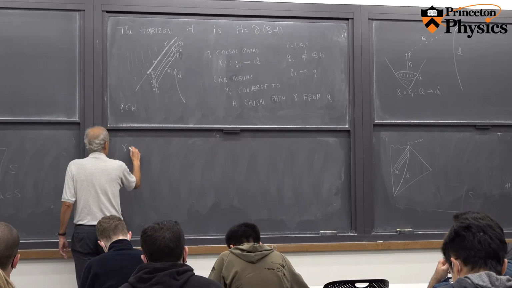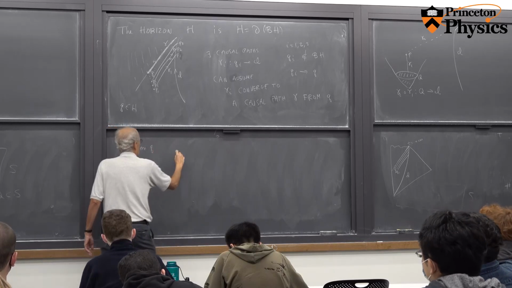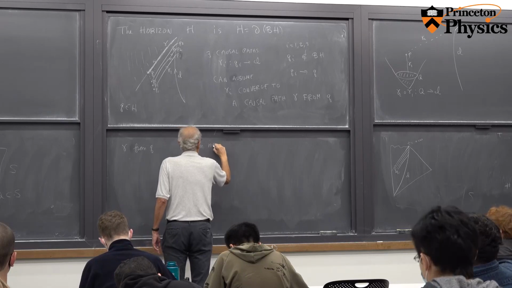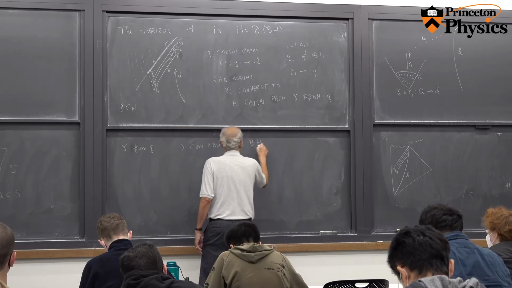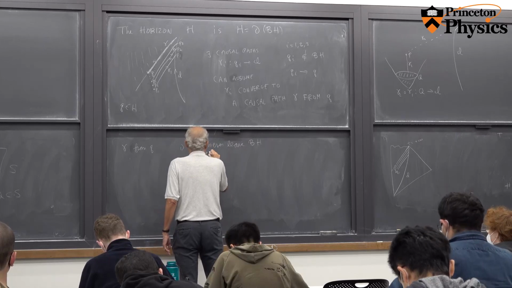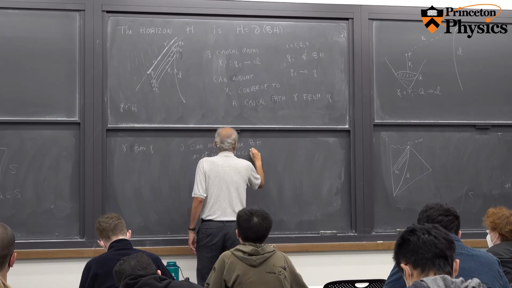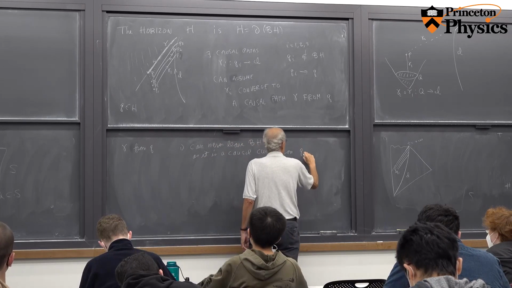So this curve gamma from Q has the following properties. One is that it can never leave the black hole region, as it is a causal curve from a point in the black hole region.